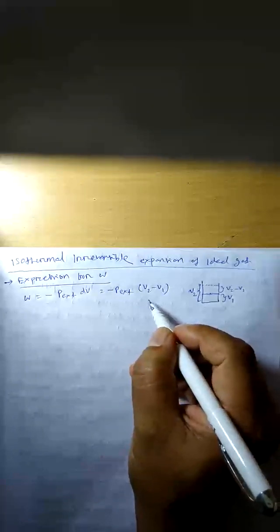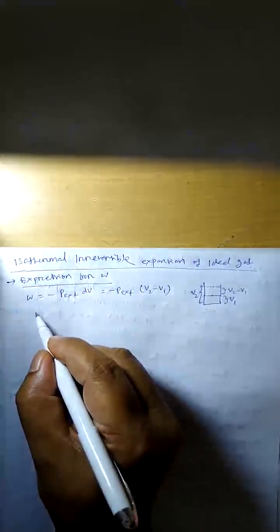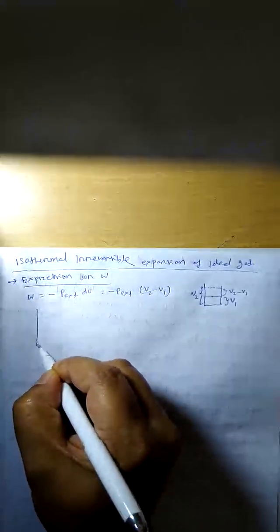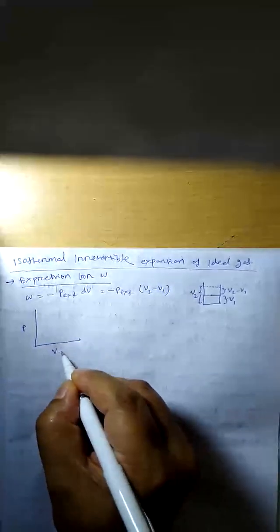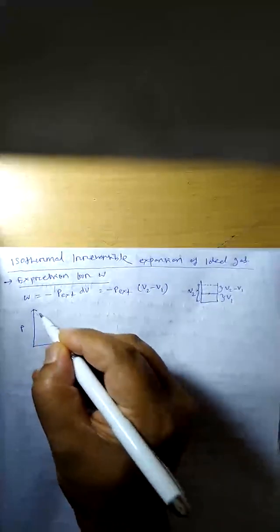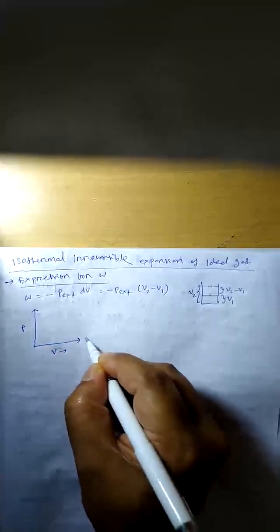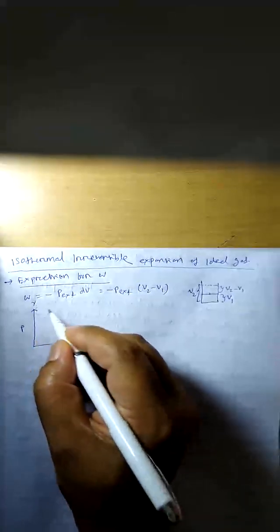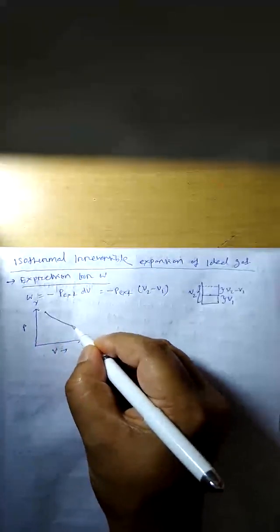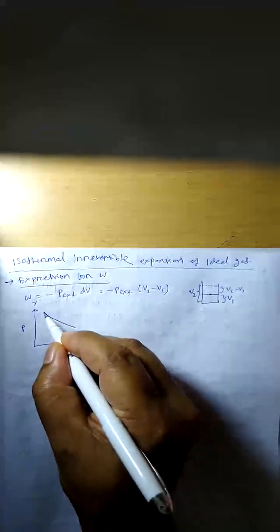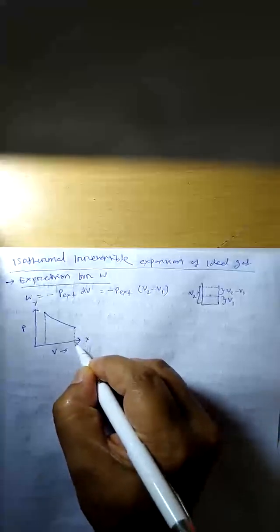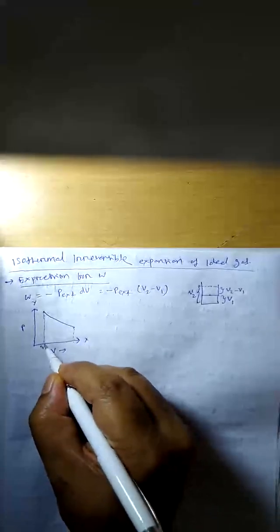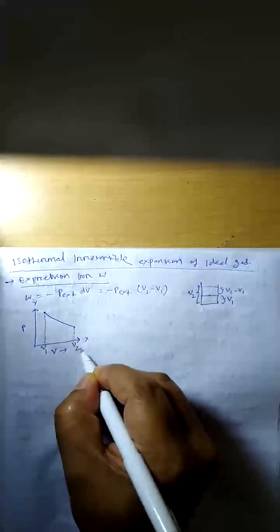For the irreversible process, if you draw the diagram, what do you get? This is the PV diagram. This is the pressure on the y-axis. This is the volume on the x-axis. Same process in case of expansion. Here the initial volume is V1, the final volume is V2.